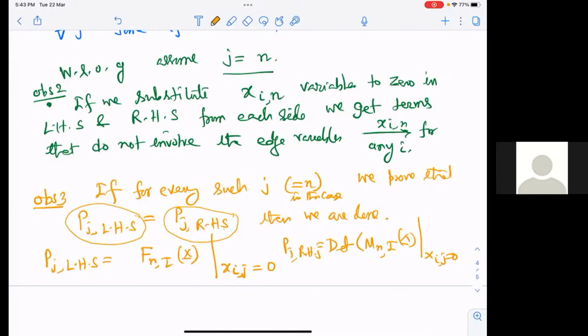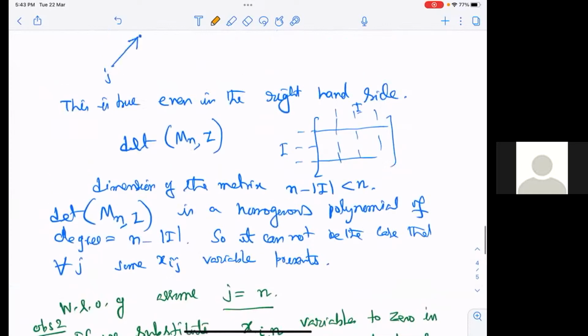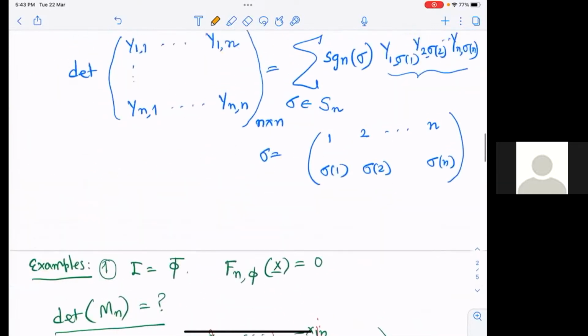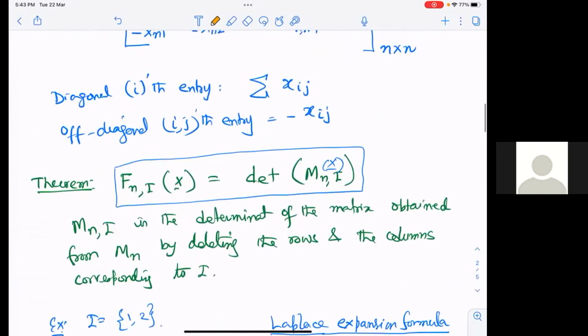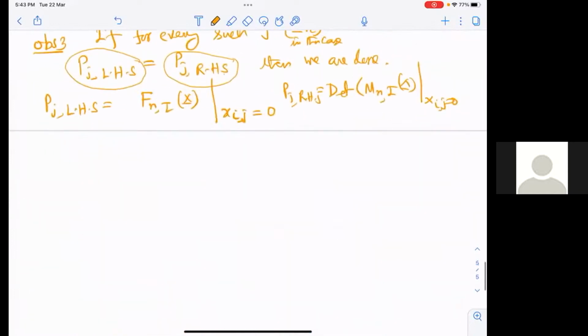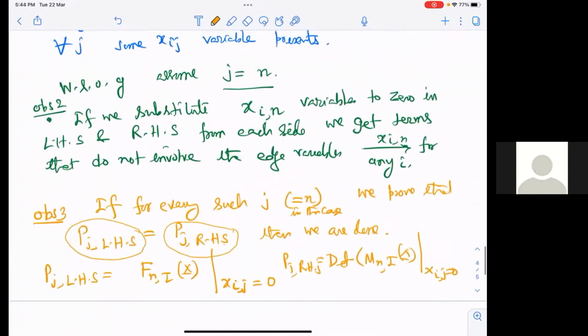So do you follow that? What is my strategy of proving that these two, ultimately what is my aim? My aim is to prove this theorem that says these two polynomials are the same. This is my goal, right? To prove these two polynomials the same, we are trying to fix a strategy.